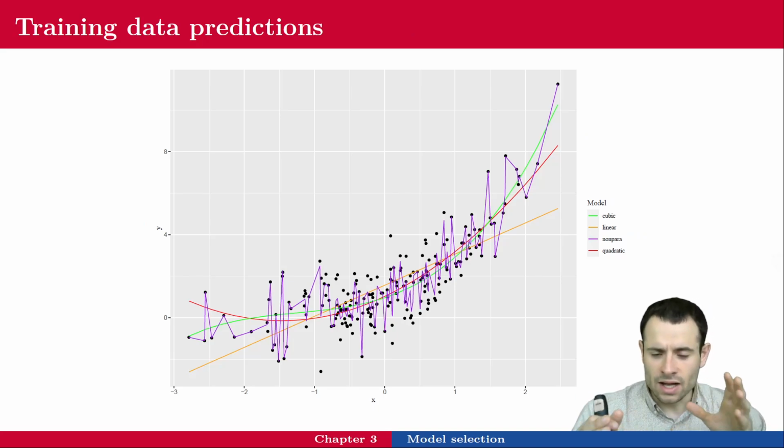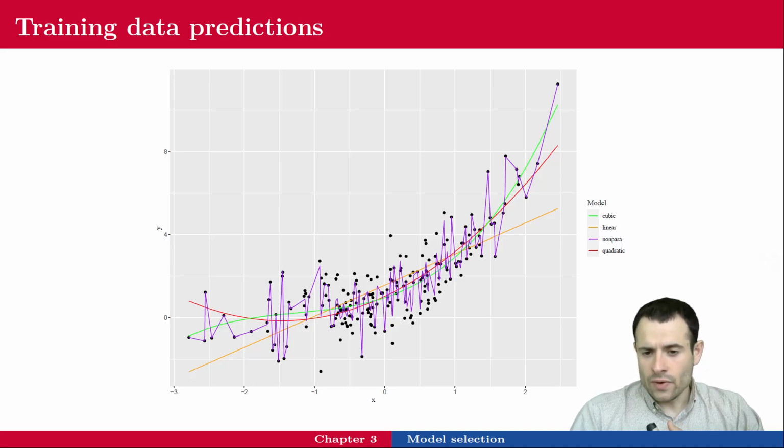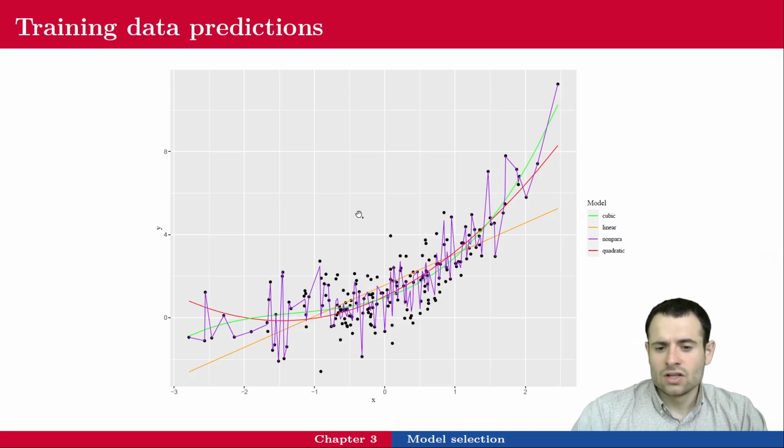Let's look at how this concept is illustrated on training data predictions. So I generated this data, which is not a linear function of x. I added some curvature on purpose, and I estimated 4 different models. The cubic model includes x, as well as x squared and x cubed.